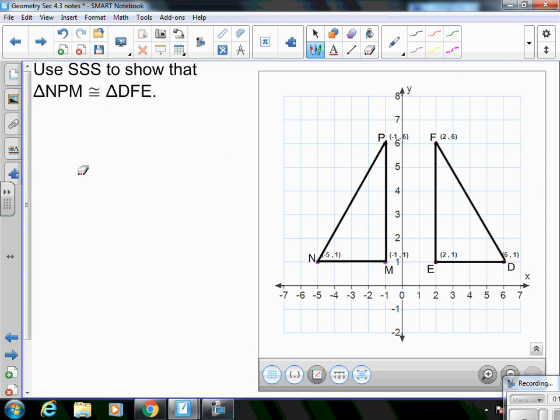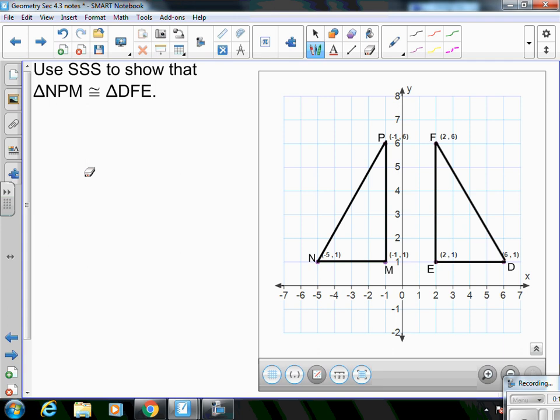All right. So this last one says use side, side, side to show that triangle NPM is congruent to triangle DFE. All right, so if we're using side, side, side, that means we need to be able to show that all three corresponding sides are congruent to each other. So we're going to start off.